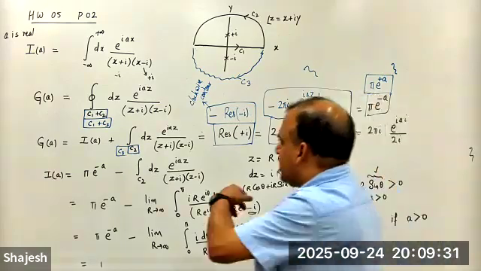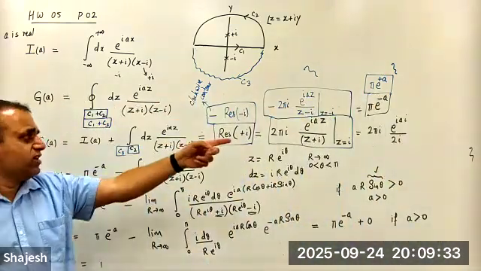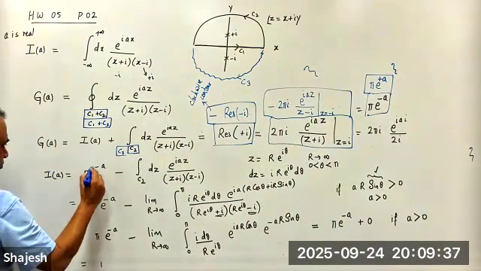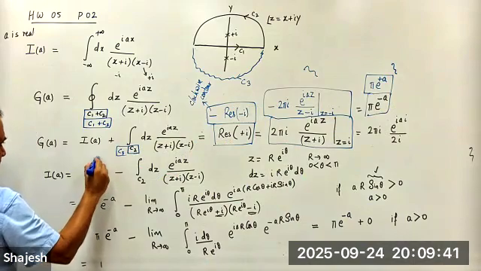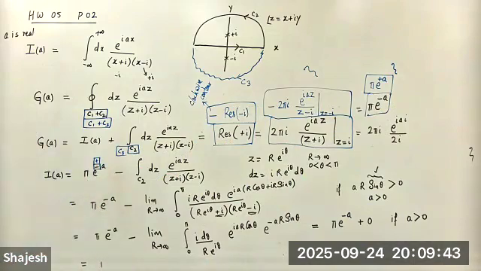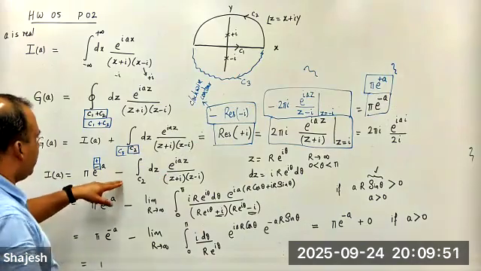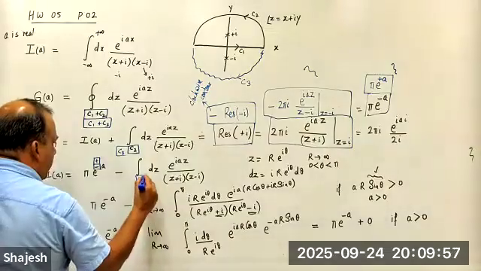What else changes? I come back here, now the answer is pi times e raised to plus a. So this box here changes to plus. Is it clear? And again, instead of C2, I have to do this for C3.